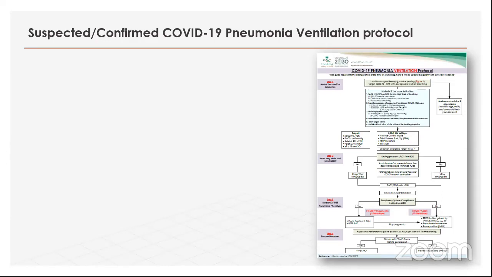Then this protocol is divided into four steps, trying to define the type of the lung injury or type of CARDS, corona-induced ARDS or coronavirus pneumonia. Step one is to assess the need for intubation. Here we're trying to see if our patient really needs intubation or we can continue without intubation.